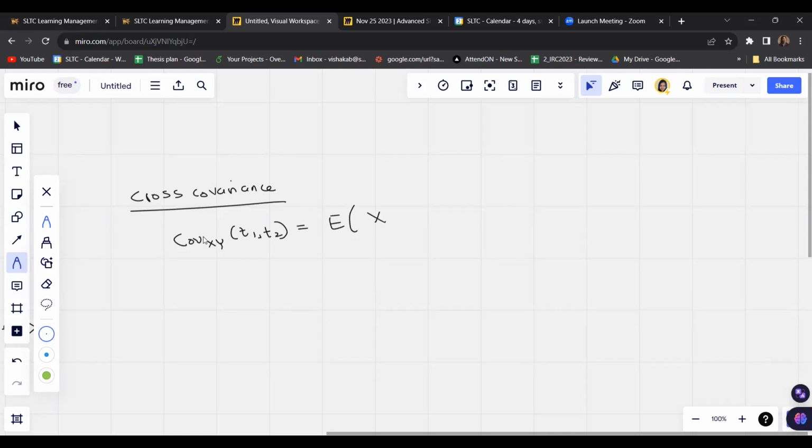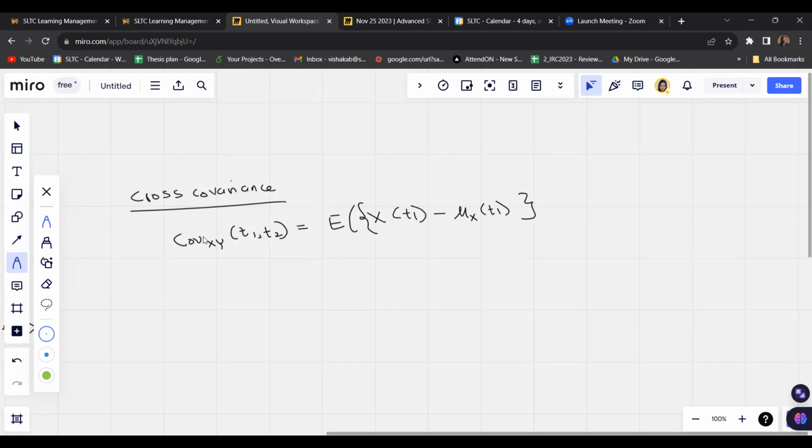So basically, we are going to find the covariance between xt1 and yt2. xt1 is one signal we are going to compare with, and since we are going to find the covariance, we have to take the difference between the random variable and the mean value of the random variable.